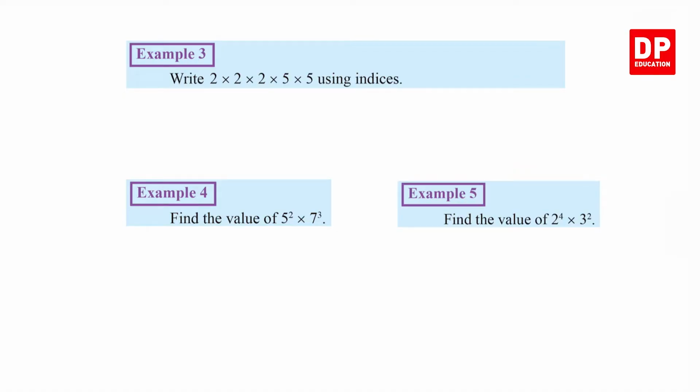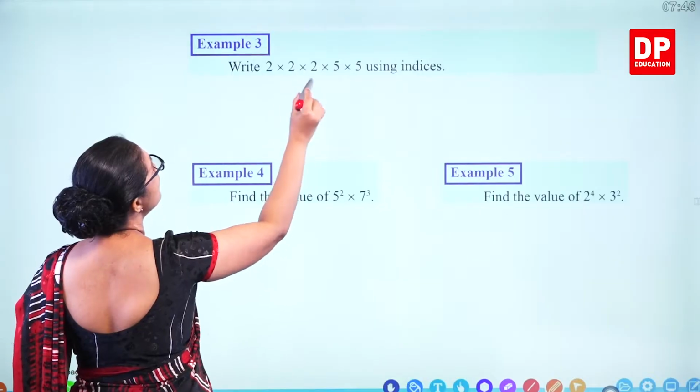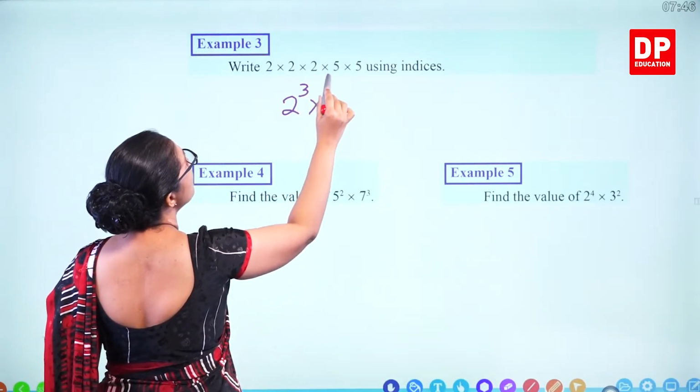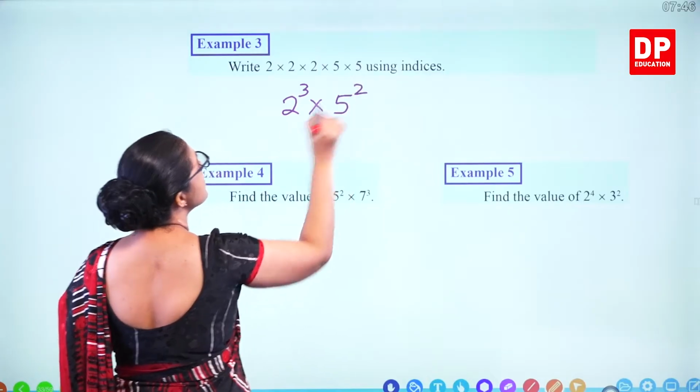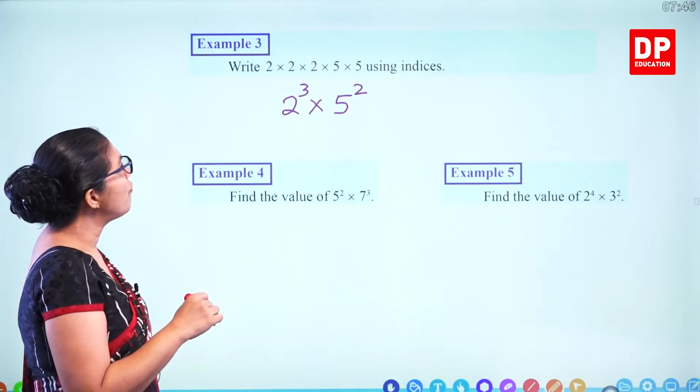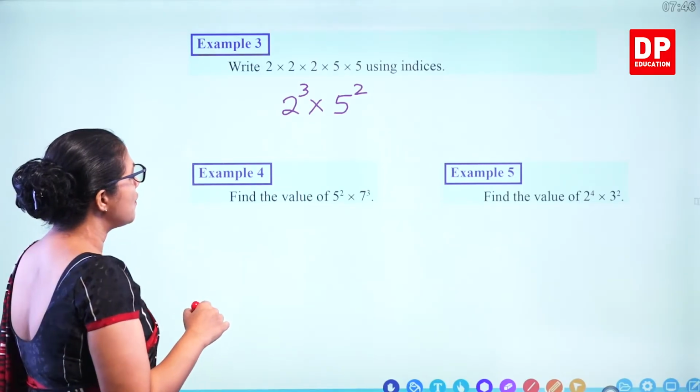Write down using indices. So here 2, three times. And 5 twice. 5 squared. Find the value of 5 squared and 7 to the power 3.